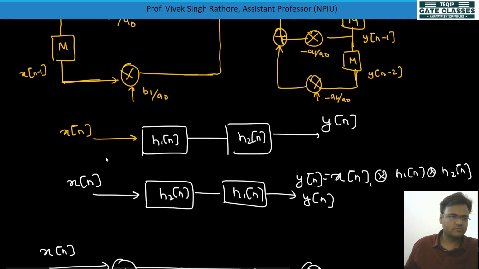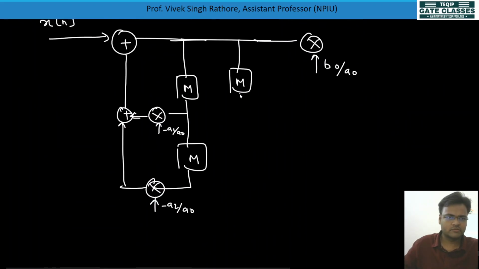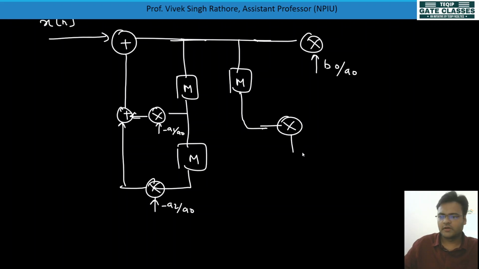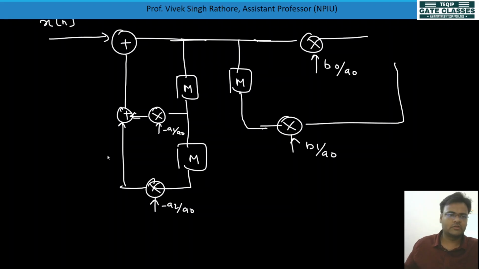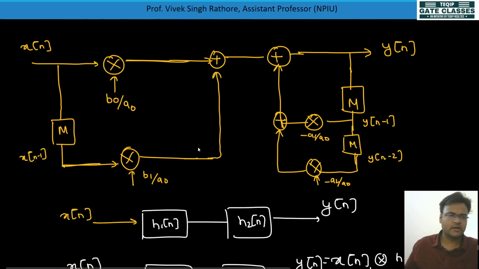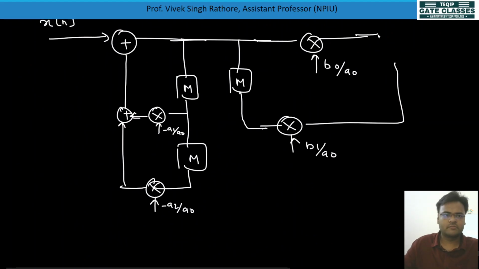Now here in the downside b1 by a naught is coming, so we'll make it here as a combination, okay. So b1 by a naught will be there, and both are added, right? So I'll make it here as both are added, and we'll get the output y of n.